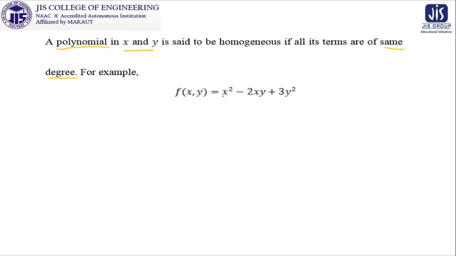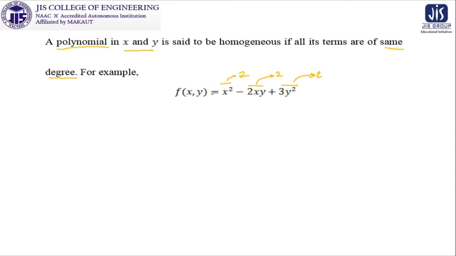F of x, y is equal to x square minus 2xy plus 3y square. So check it. The first term here has degree 2. The next term here also has degree 2, because x to the power 1, y to the power 1, so ultimately it is x into y. So the degree of this particular term is 2. And y square is also 2.